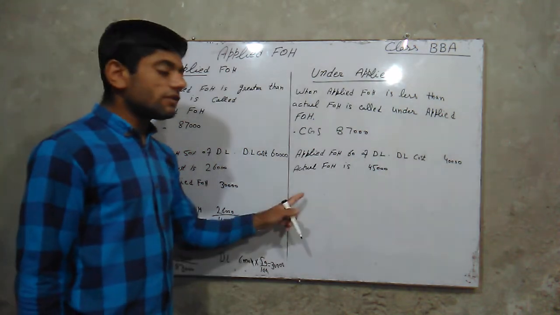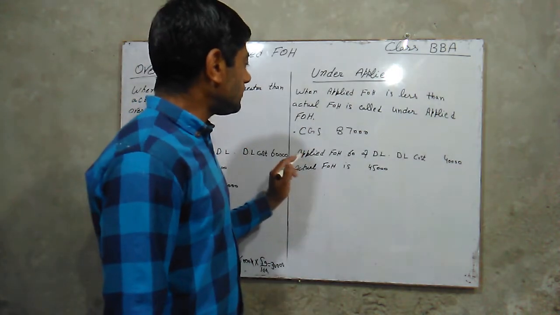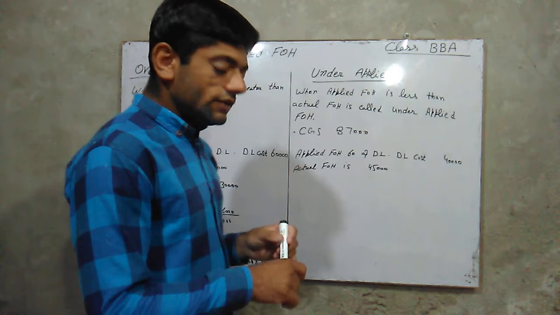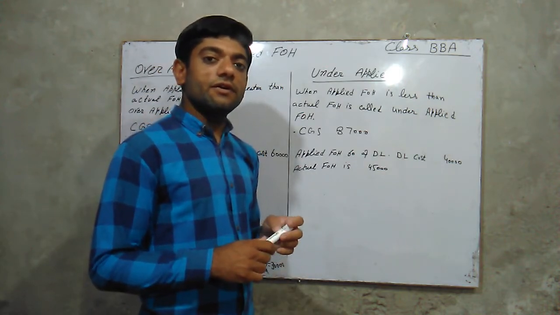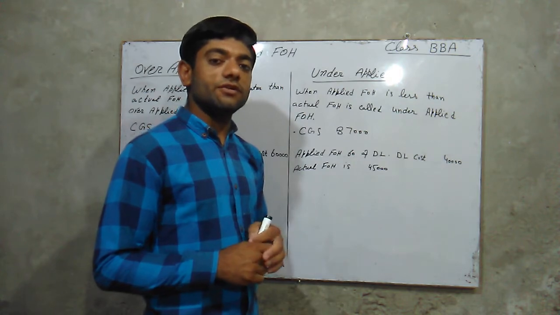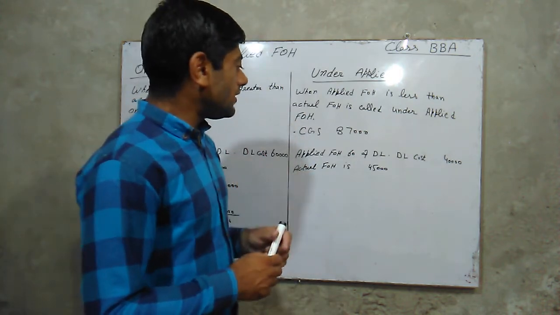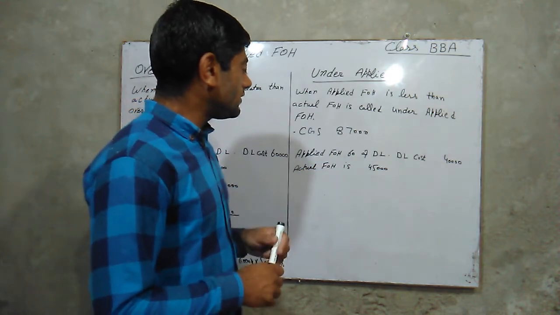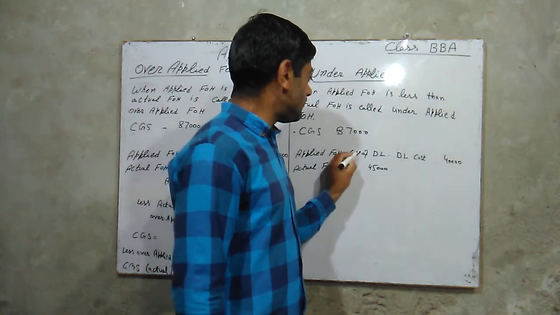So now we discuss underapplied FOH. Underapplied FOH is when estimated FOH is less than the actual factory overhead cost. Applied factory overhead is 60% of direct labor. Direct labor cost is 40,000.